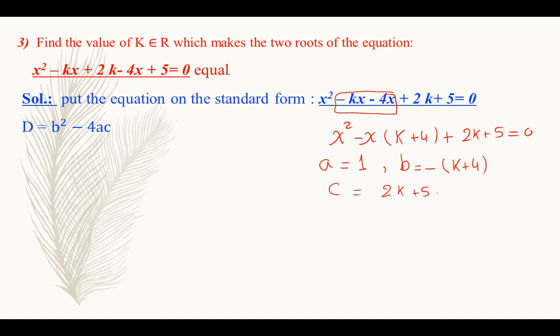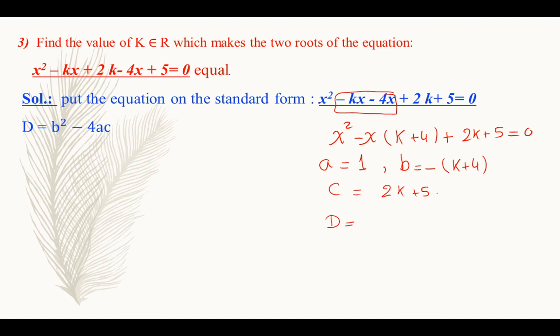The discriminant is b² minus 4ac. Let's calculate it together. Discriminant equals b², where b is negative (k plus 4).